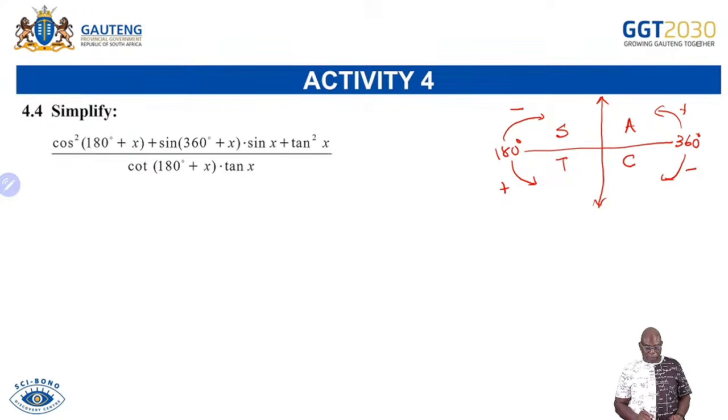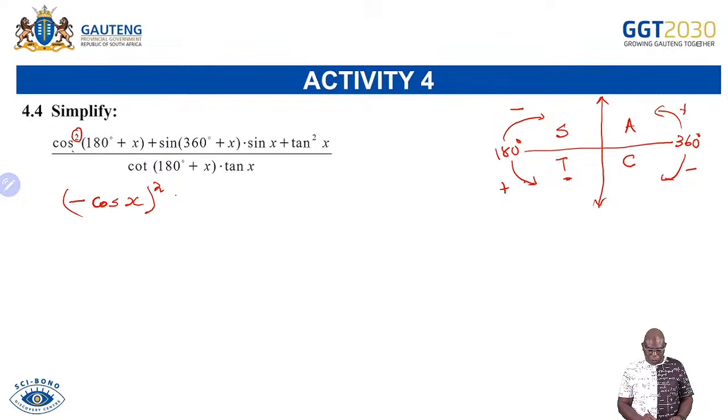Now, we're going to start. First ignore this for now. I'll explain why. Cos of 180 plus. So you go to your sketch. 180 plus. Is there a C there for cos? No. If it's not there, what do you write? Minus. Then you write your x. Then you put this. Now that square comes in. See.